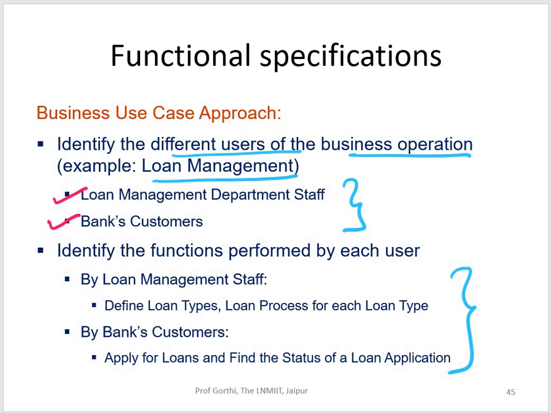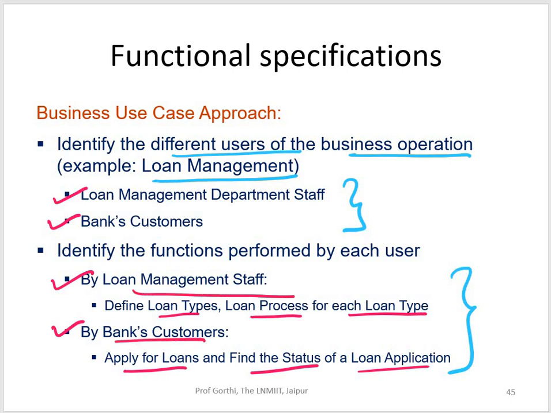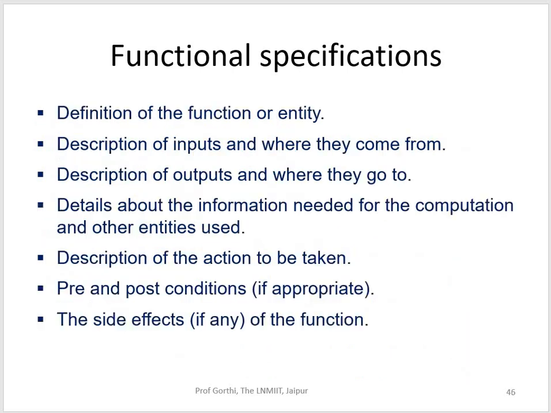In case of your loan management staff: define loan types and the loan process for each type. And for the bank's customer: apply for loans and find the status of the loan application. That can be the functions for your customers. For the staff, it would be defining the kind of loan, the entire process, and the various categories. So these things fall under your functional specifications.